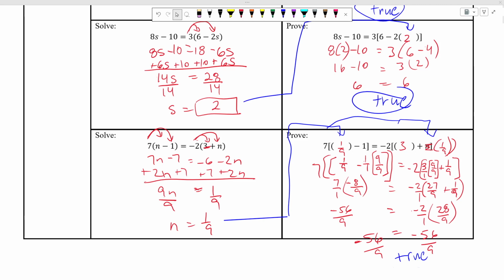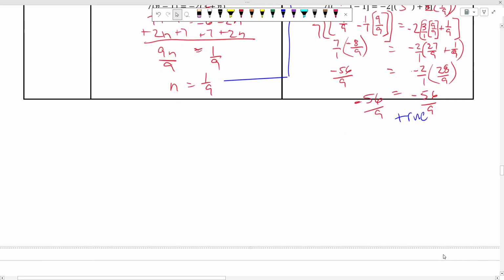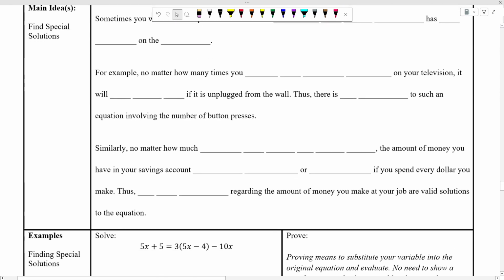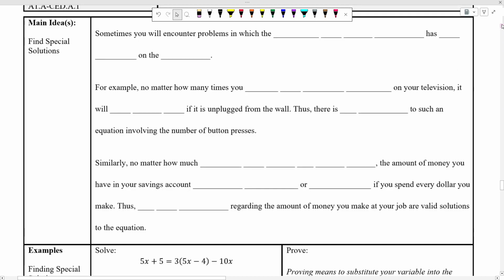So, with that said, let's talk about a couple of special cases that you're going to run into. I want you to be aware of them because they may throw you for a loop if you've never seen them before. So, let's talk about it. Sometimes you will encounter problems in which the variable has no effect.